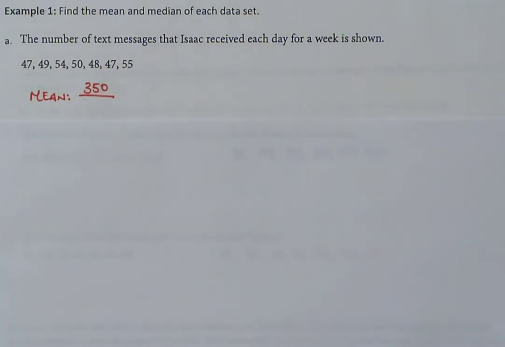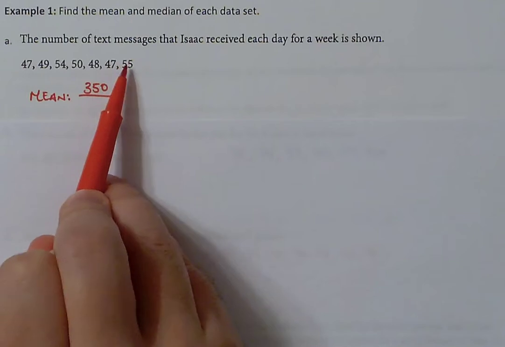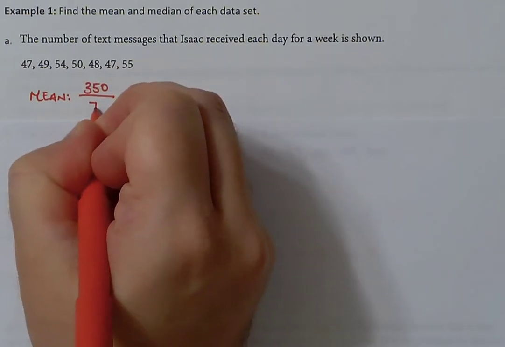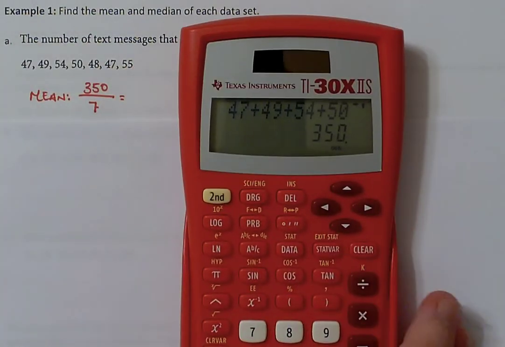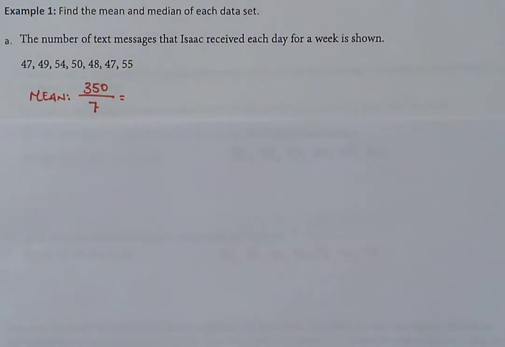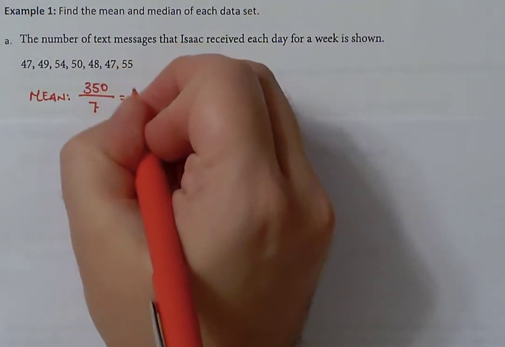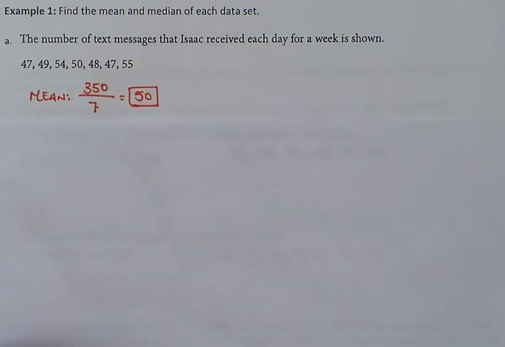And then we're going to divide 350 by how many numbers there are. So we have 1, 2, 3, 4, 5, 6, 7. So there's 7 numbers in the data set. So we're going to take 350 and divide it by 7. So 350 divided by 7 is going to give us 50. So that means my mean for the data set is 50. And that is our first answer.